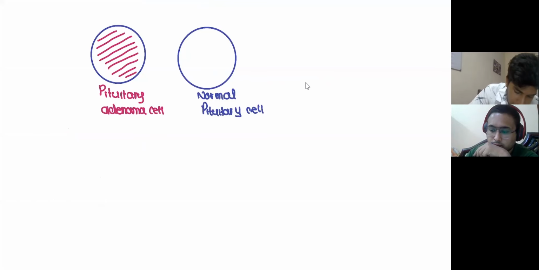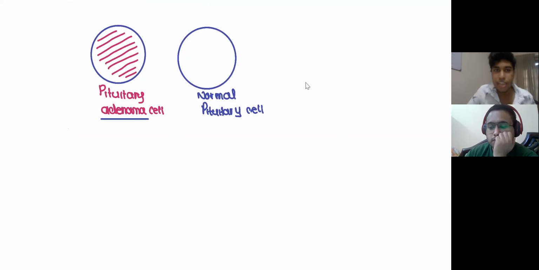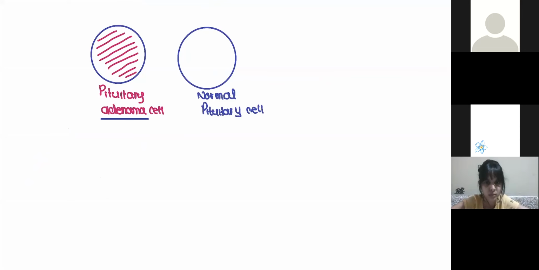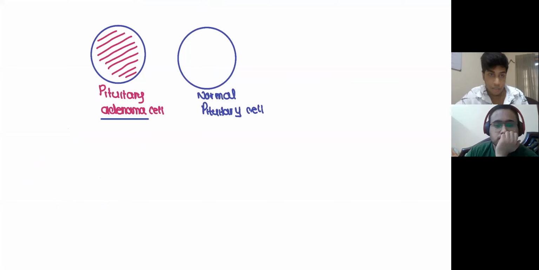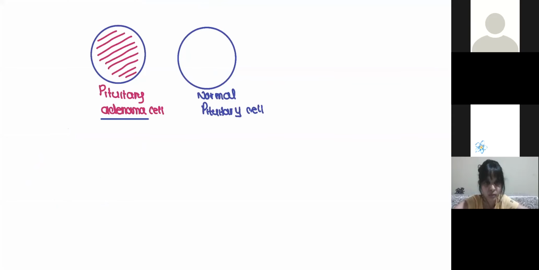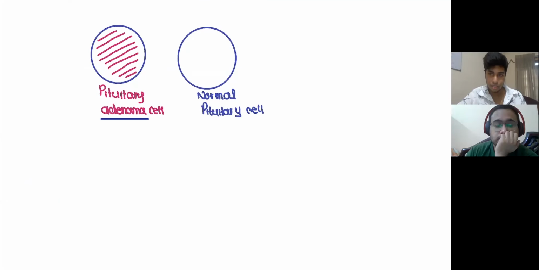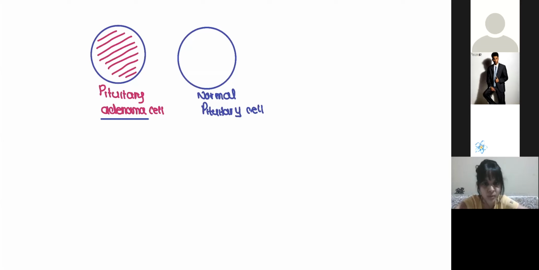But the problem is, can someone tell me what is wrong in this tumor? What does the word adenoma mean? Fibrous? No. It has a different function. The moment you hear the word adenoma, what does it tell you? Tumor in the gland. Yes, it's a glandular tumor. Remember this: adenomas are tumors of glands.